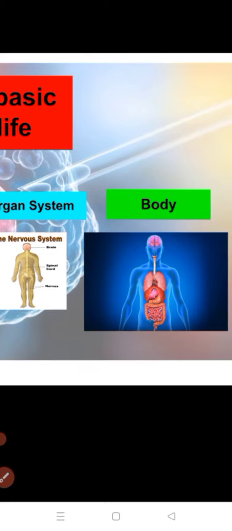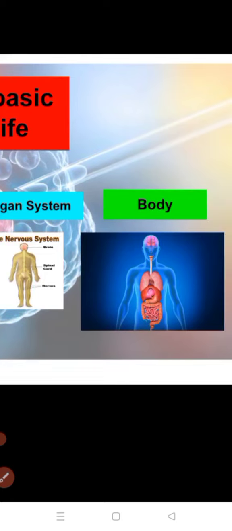Our body contains many organ systems, like the nervous system, as you can see here in this picture, respiratory system, circulatory system, digestive system, and many others.